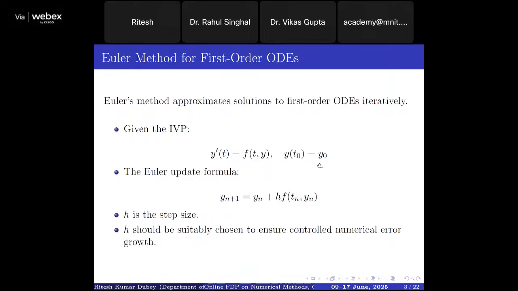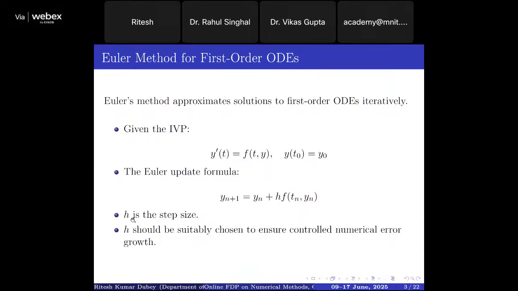So the initial state is y at t0 equal to y0. This value y0, or y subscript 0, is known to us. It's the initial state, and we want to find out how the trajectory, or the value of y, will evolve throughout the interval, and that can be identified by this expression.